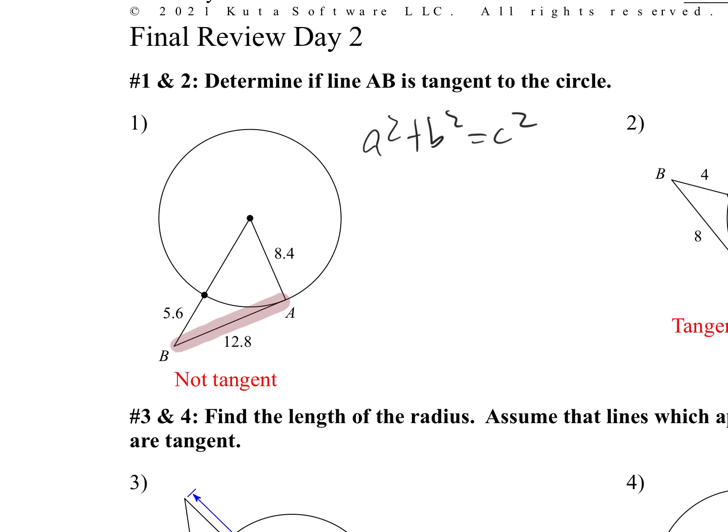Okay. So I have that maroon side, also have this blue side, and I have the green side. Now let me ask, how long is the green side? The green side is 14. From here to here is 14. Because remember, from here to here is 5.6.